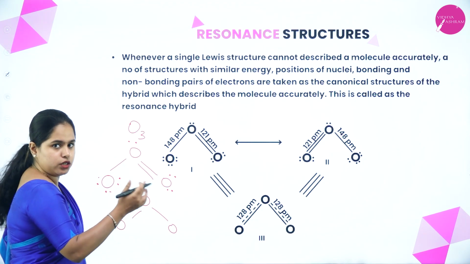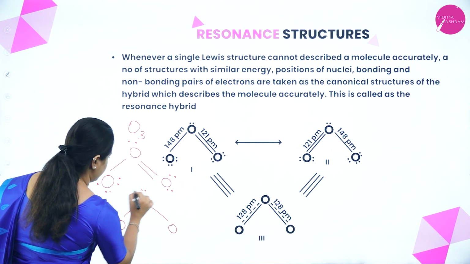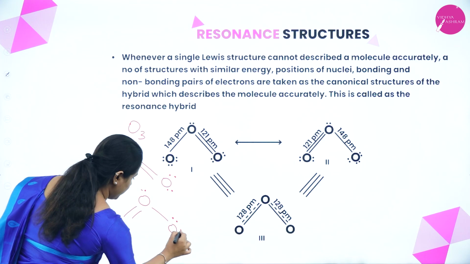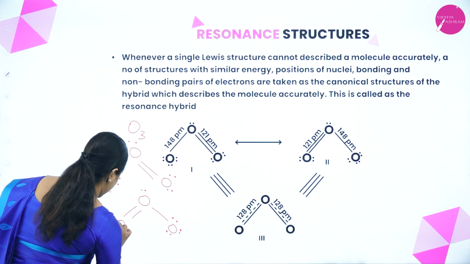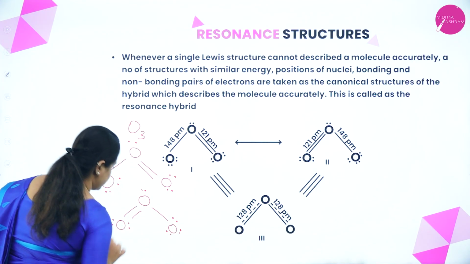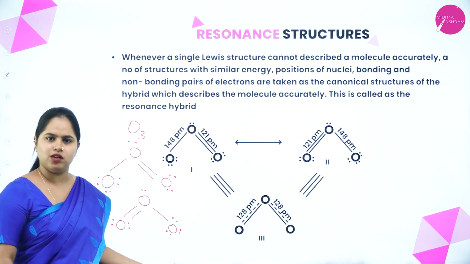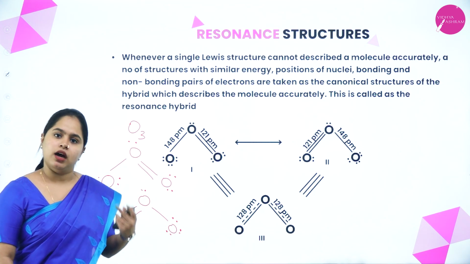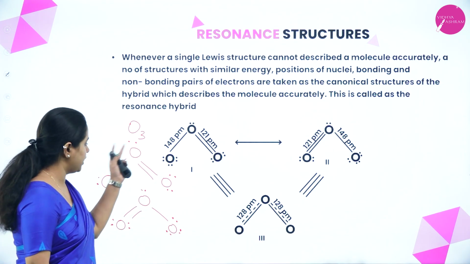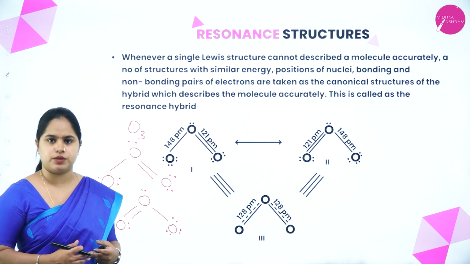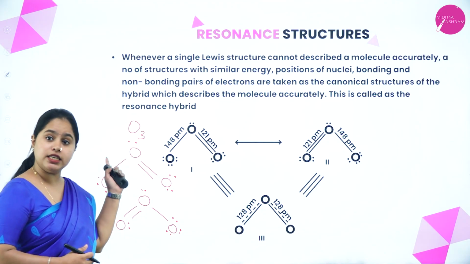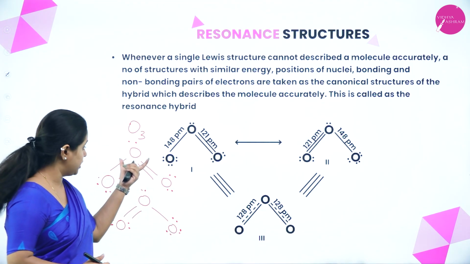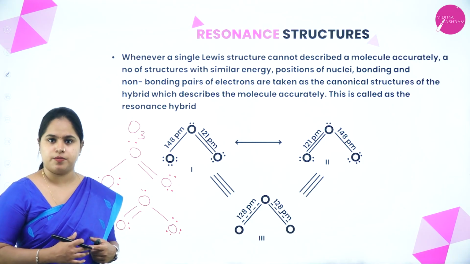But the number of lone pairs will change, right? Here it will be 2 and here it will be 6 electrons and here it will be 4 electrons, right? Even this is also correct. All the oxygen atoms have 8 electrons in the outermost shell. Each atom is attaining its octet. So as you can see, both these structures are correct, right?